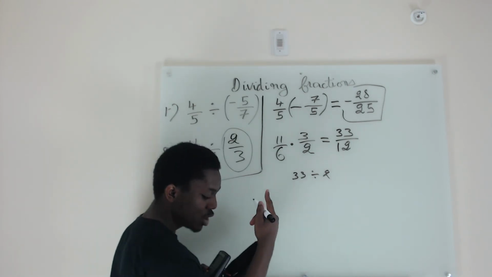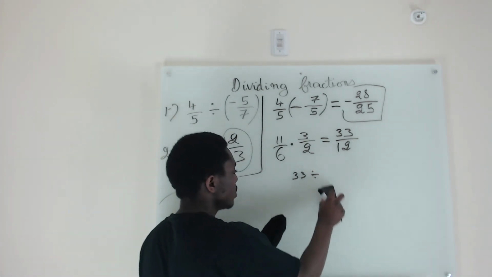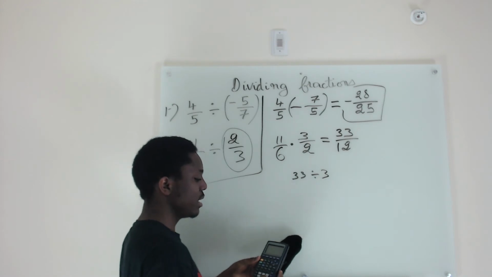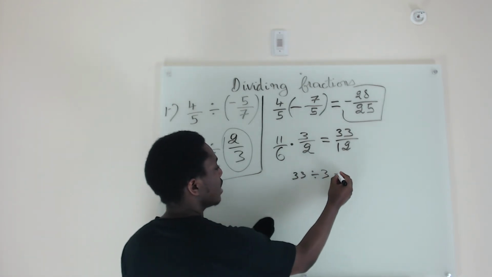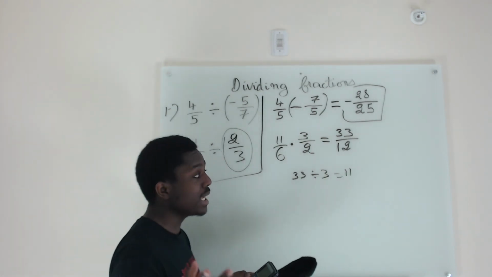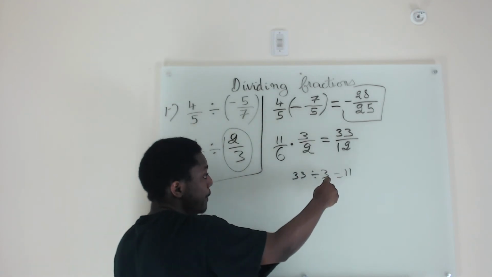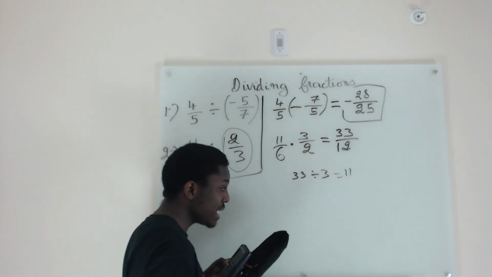Which means 2 is not a good number. So I change 2. Then I try 3 and I put it on my calculator again. 33 divided by 3 is what? 11. So 11 is a very nice number. Since I divided the top number by 3, I also have to divide the bottom number by 3 as well.